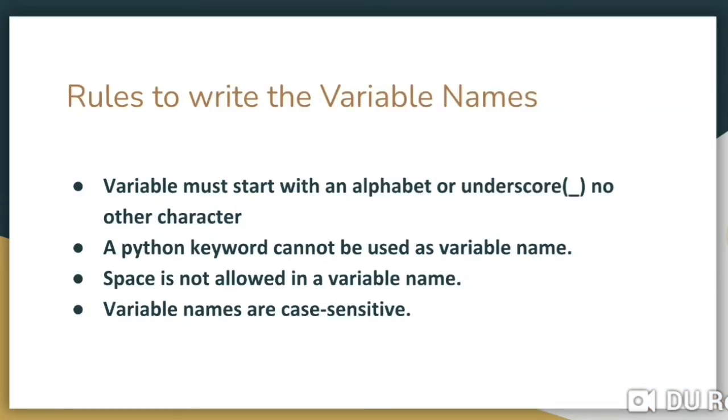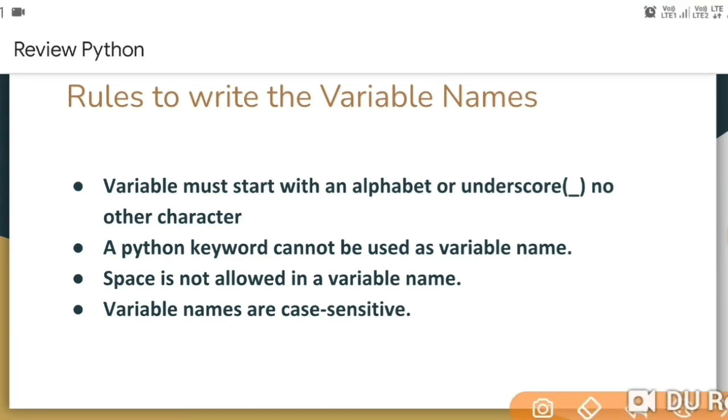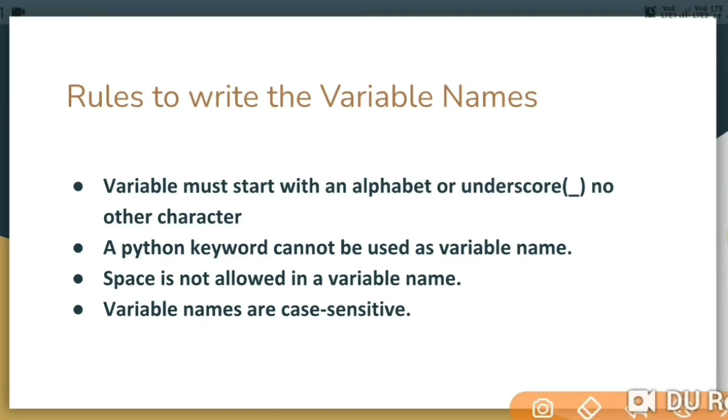Rules to write the variable name. In place of A, you can write any name, but before writing the name, you have to follow the rules. What is the rule? A variable must start with an alphabet or underscore. You cannot start with any number, otherwise the variable will not be accepted.